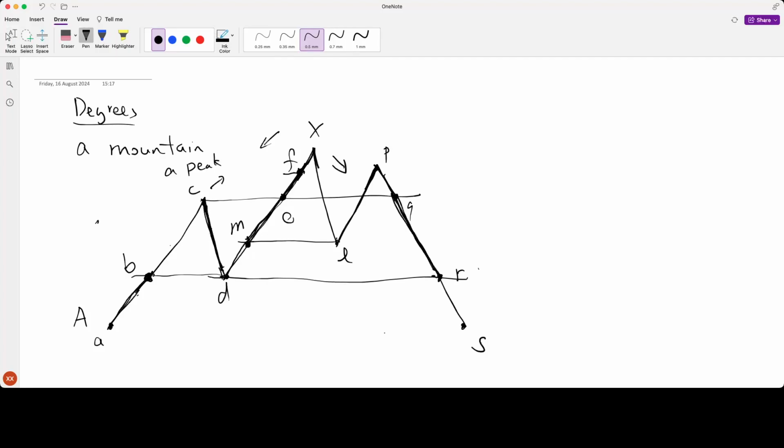So the question is, no matter what the shape of the mountain is, can this always be done? Is it true? Question.